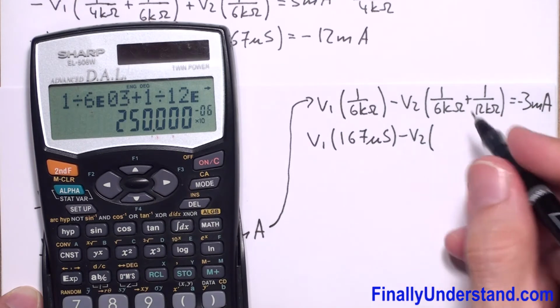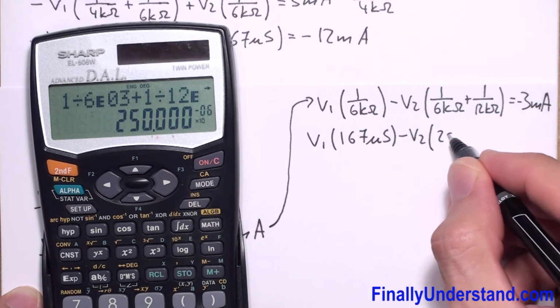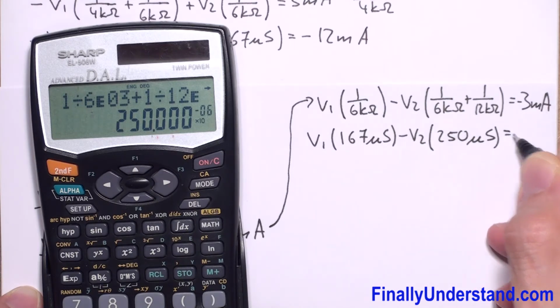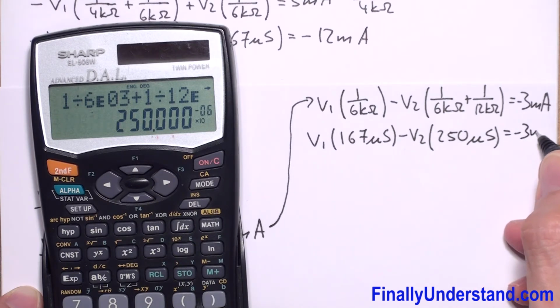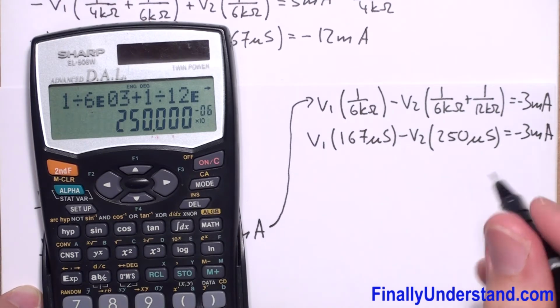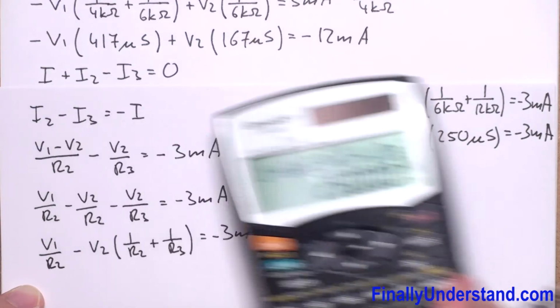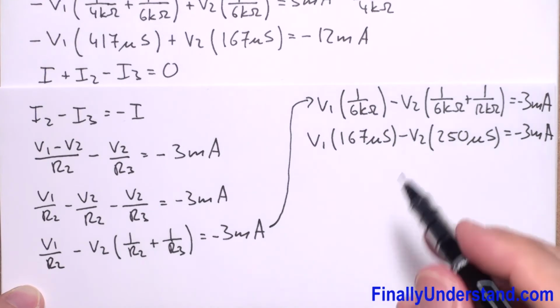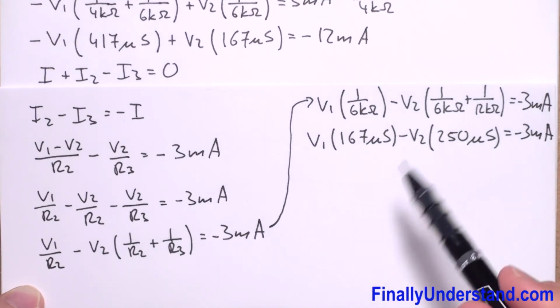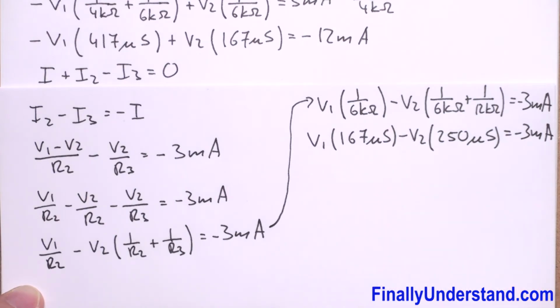This is equal to 250 microsiemens, and everything is equal to negative 3 milliamps. So this is my second equation. Next, I'm supposed to simply write these two equations together and solve them for V1 and V2.